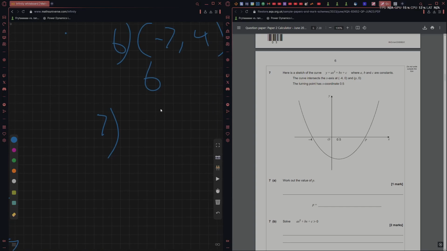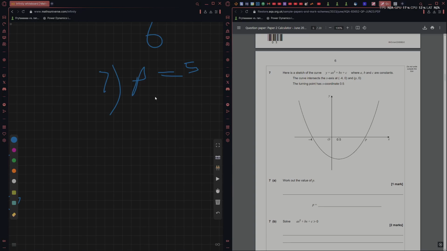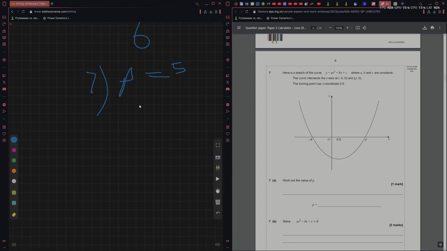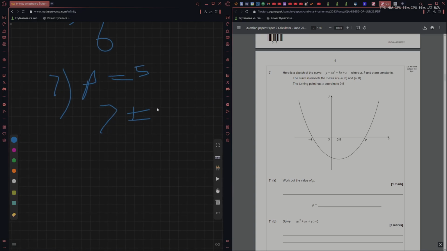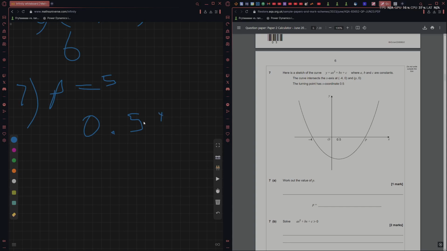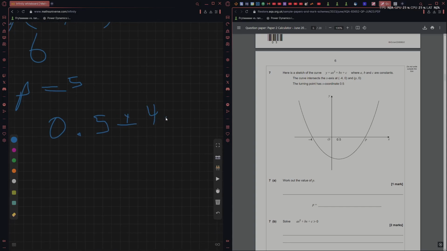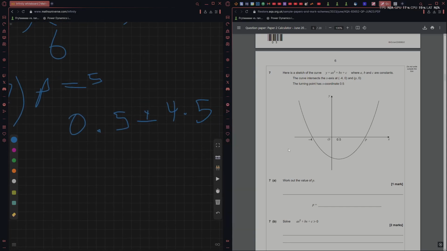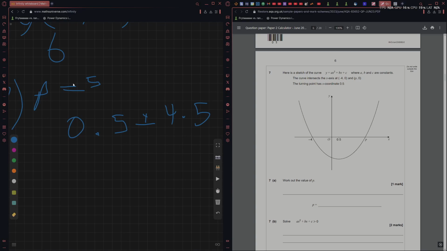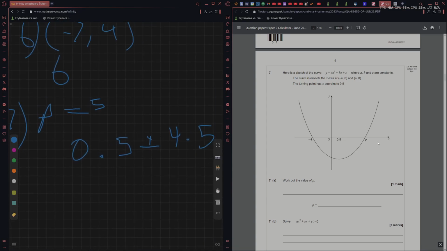So we know that p equals 5. Because when we're completing the square, this one would be 0.5 plus or minus 4.5. That's what this quadratic is when you solve it. So that's why this works, by just adding 4.5.